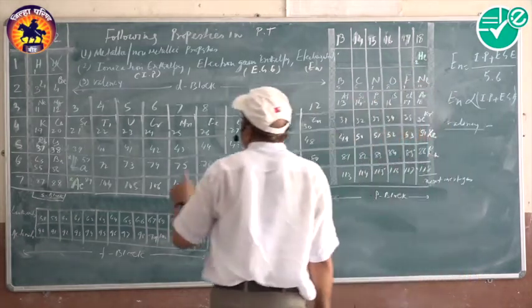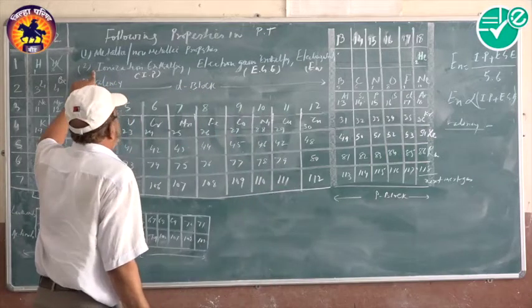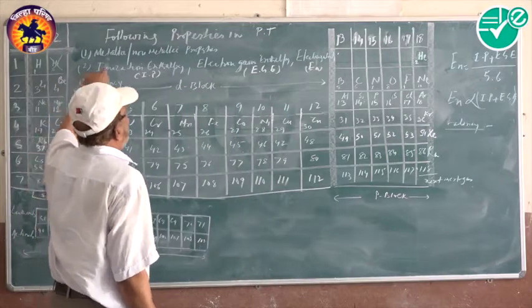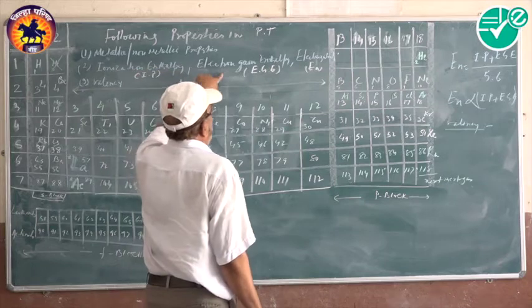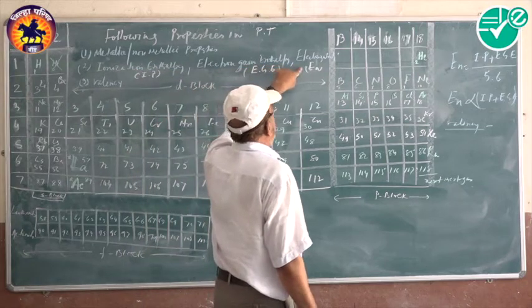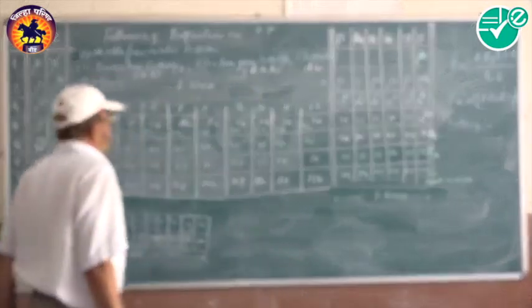Now we will discuss ionization potential, enthalpy, electron gain enthalpy and electronegativity in the periodic table.